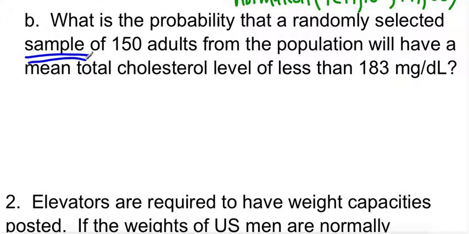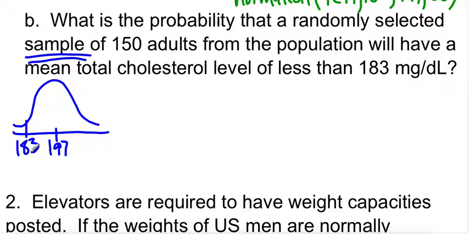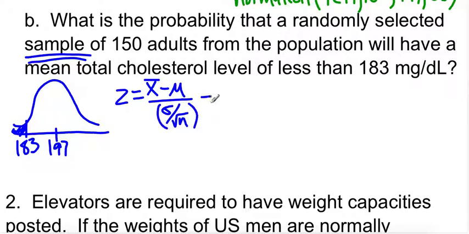Since this is a sample, we now need to use our adjusted z-scores. So we still have a normal distribution, with a mean of 197, and we still want to know the probability that we're less than 183. But remember, this is 150 adults that we're talking about now. So to find our z-score, it's x bar minus mu over sigma divided by root n, with that in parentheses.